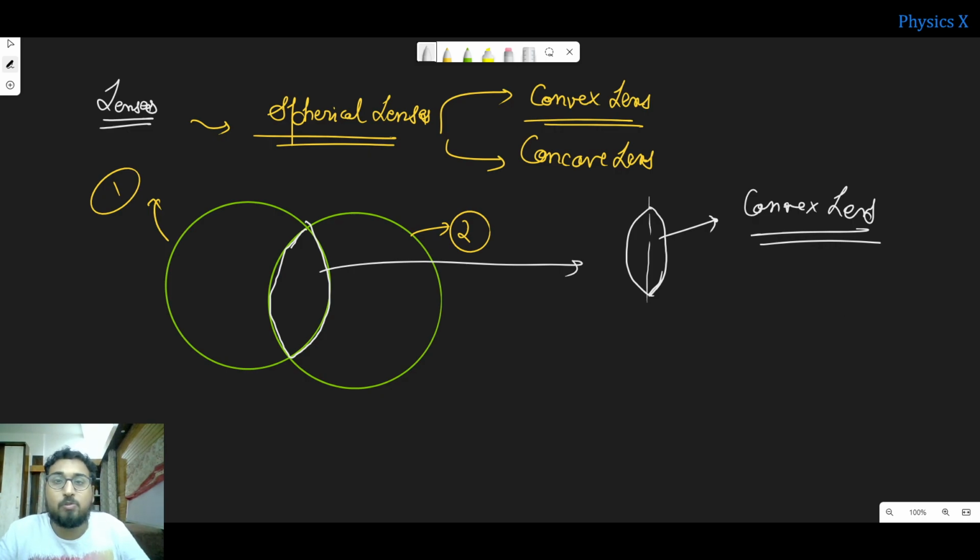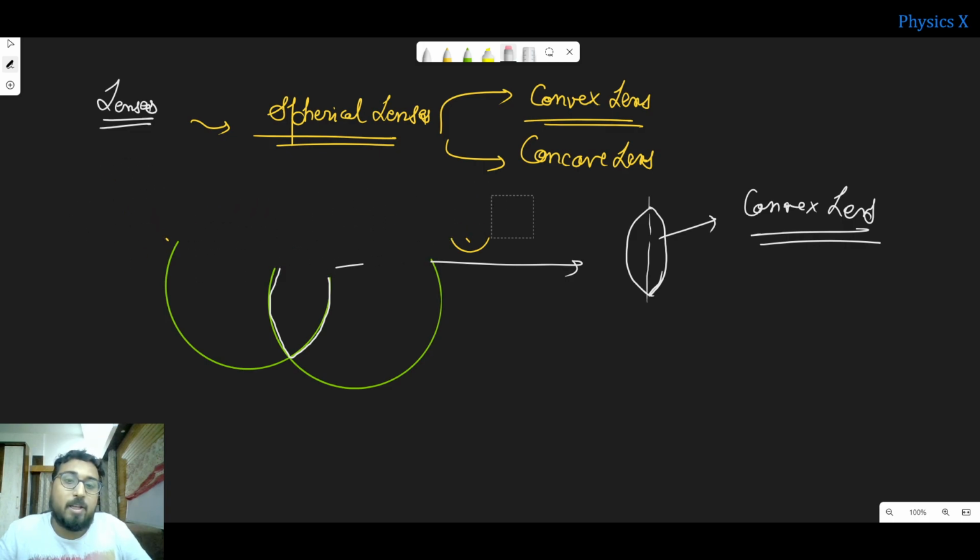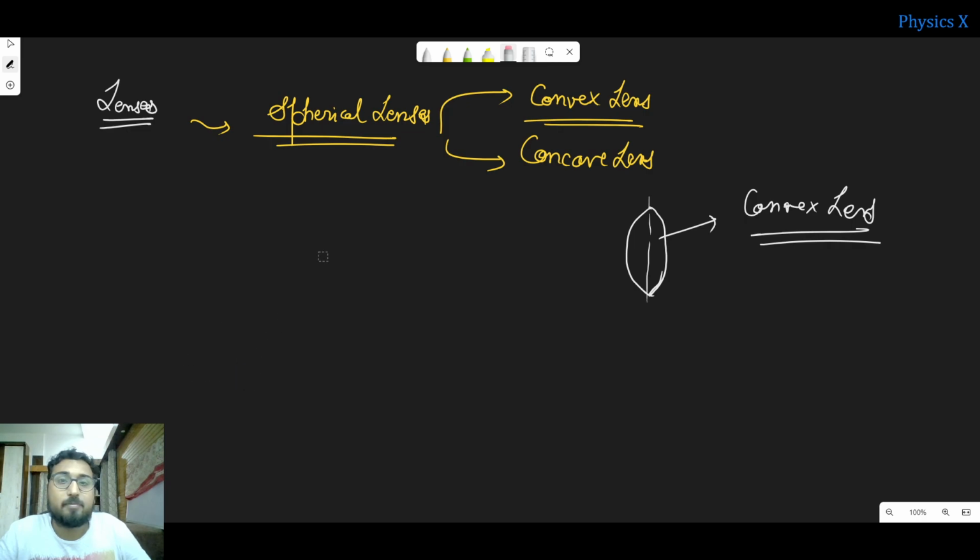It is made of two spherical surfaces, right? And if I am taking a surface like this, let us say this is your first surface and this is your second surface.